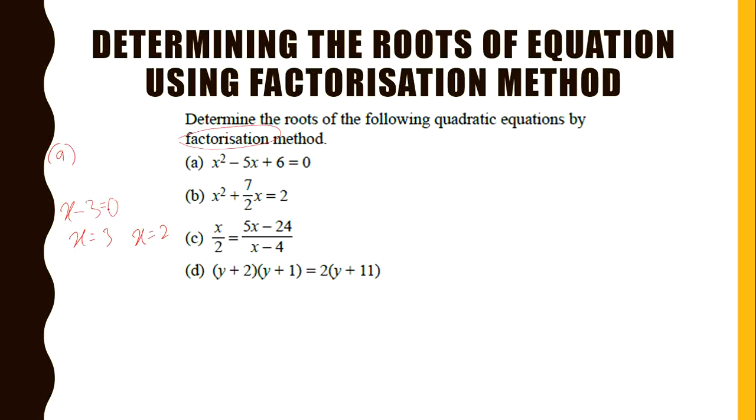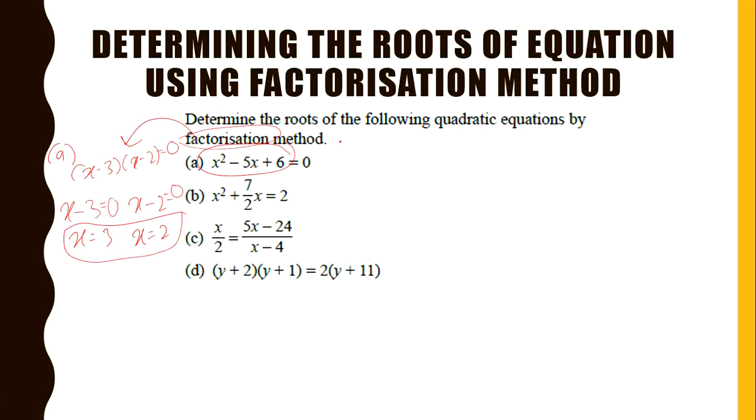So, here will be equals to 0. Yang ni pula, X minus 2 equals to 0. So, factorization dia is X minus 3, X minus 2 equals to 0. Daripada ni, kita factorize jadi ni. Lepas tu, kita dapat dia punya root.